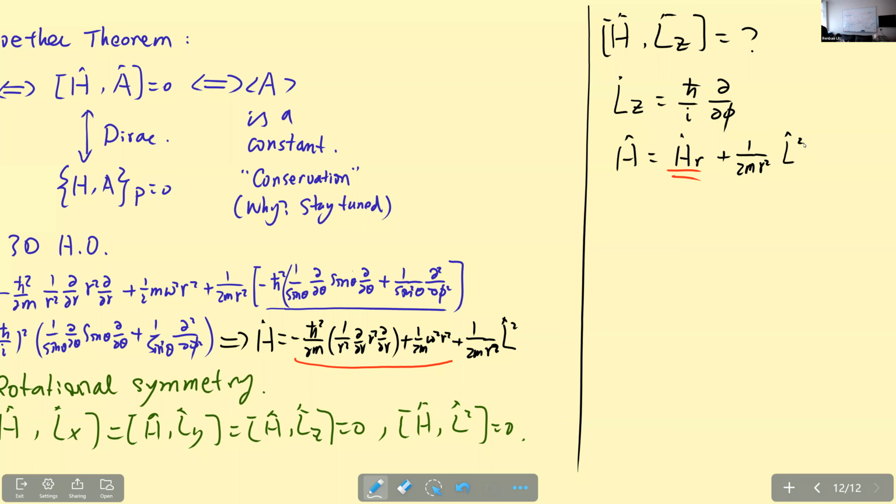Of course, you know that anything that depends only on R should commute with partial phi, right? So that means these two commute.